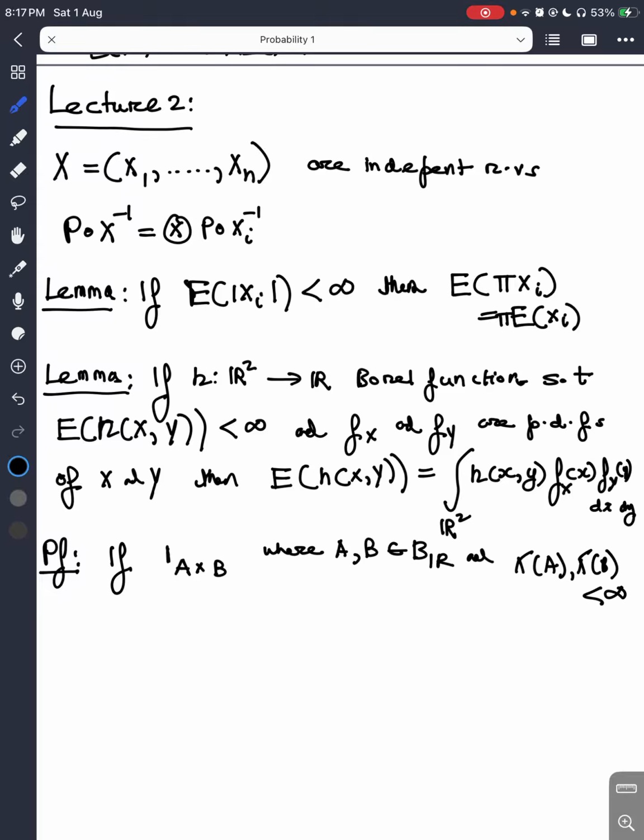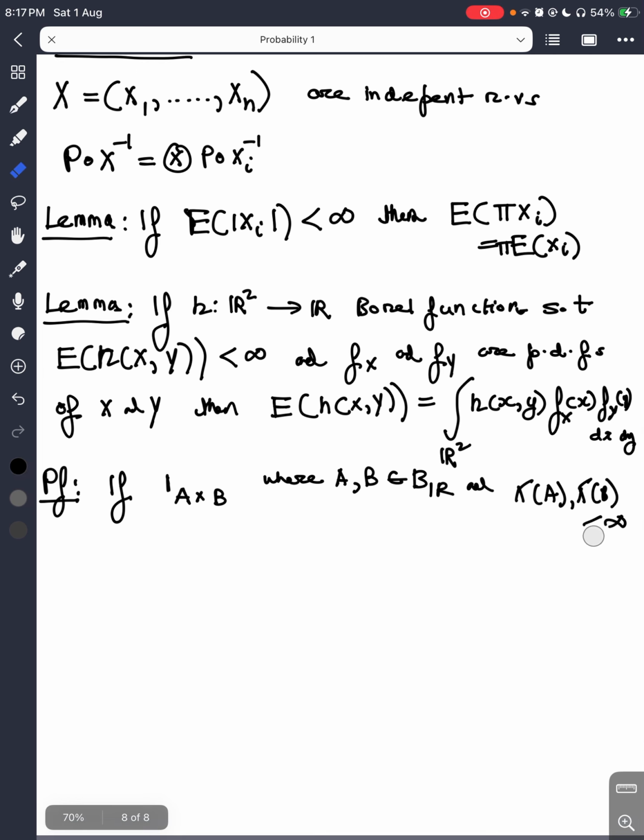So first assume h is non-negative. In that case, we do not even need finiteness, because Fubini also holds for non-negative random variables. It does not require the expectation to be finite, but we will use that here.